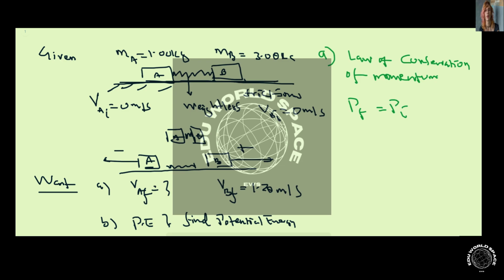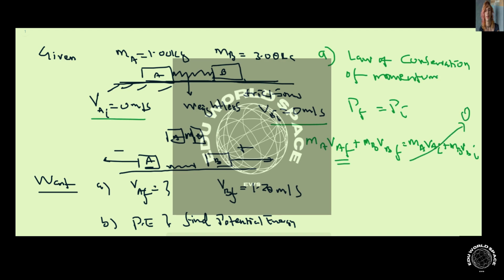The final momentum is m_A v_A final plus m_B v_B final, and that's the same as the initial momentum, m_A v_A initial plus m_B v_B initial. Remember, we have initial velocities of 0, so this is just going to be 0.